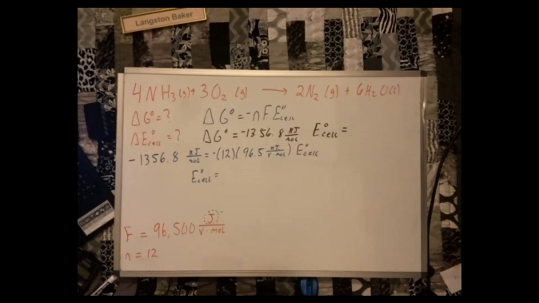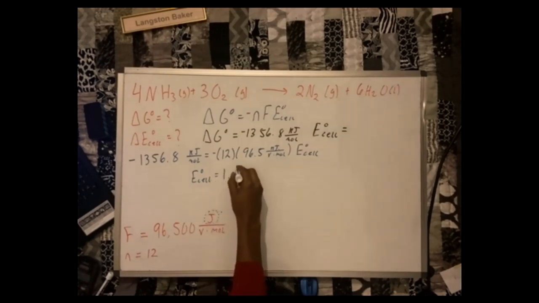It'll all be good. Okay, my calculator. 12 times 96.5. So I got my E cell being 1.17.